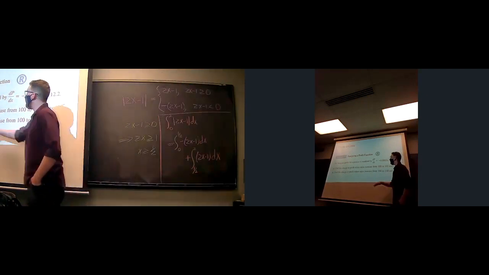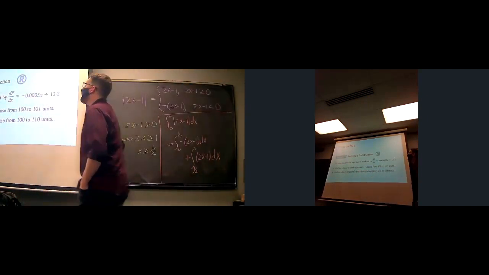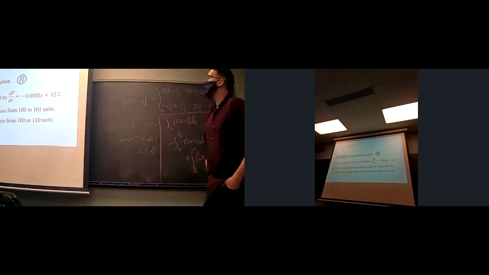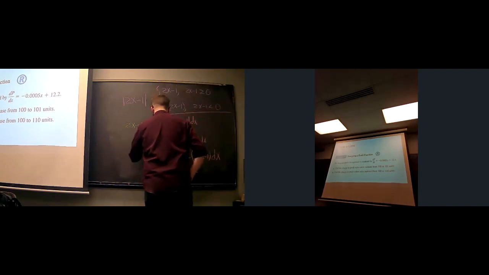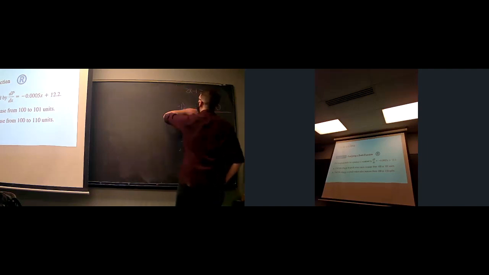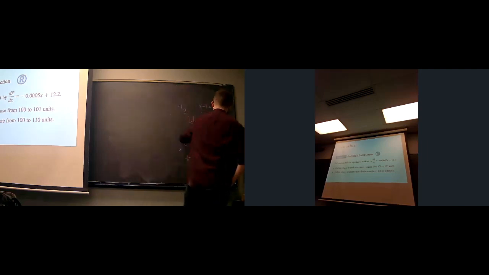Okay, so what we want to do is we want to find out the change in profit when the sales went from 100 to 101 units. And we're given the marginal profit for a product. We want to know the change in stuff, the total change.